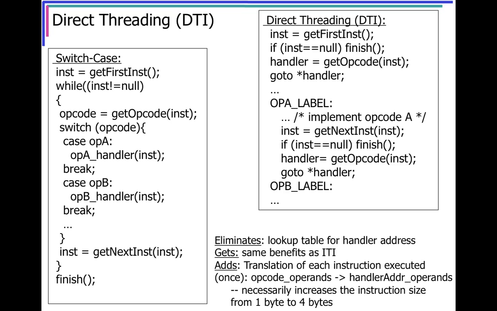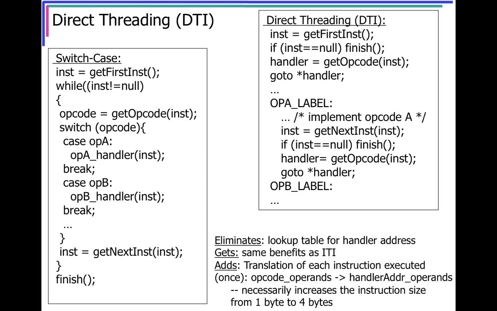All right, so what we're going to do here is observe that every time we go to the table, we use the opcode to index into that table. So the opcode is really an index. The thing that direct threading does is it takes that observation and goes one step further.